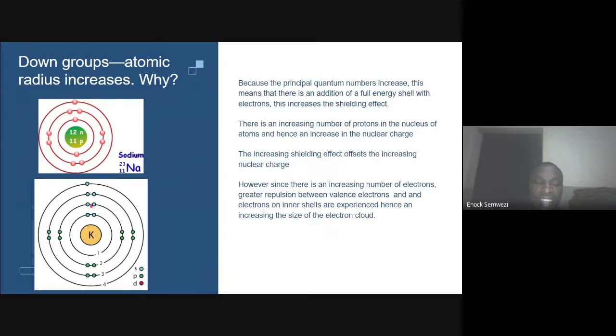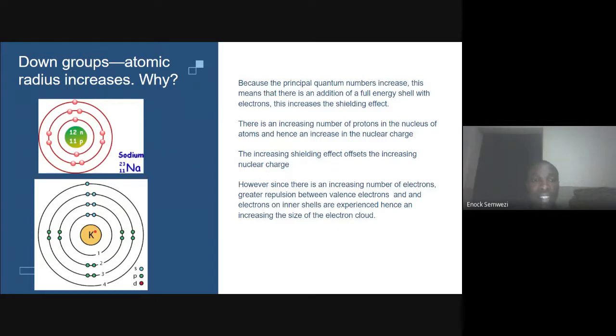So the inner shells containing electrons tend to repel the outermost electron more, and hence they reduce the nuclear attraction of the outermost electrons towards the nucleus. In other words, they are shielding the outer electrons from the nuclear attraction. So what do you need to know? Down the group there's an increasing shielding effect. This shielding effect offsets the nuclear attraction.